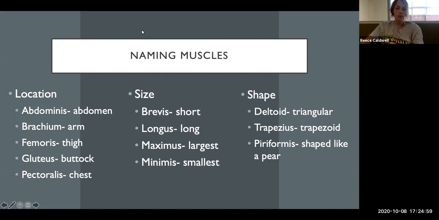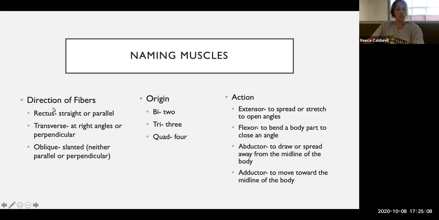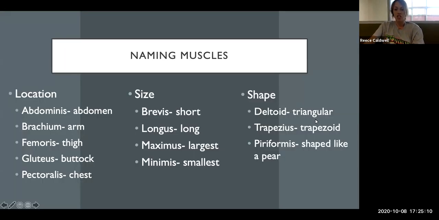But just for reference, whenever you hear the name of muscles, a lot of them are named based off their location, their size, their shape, the direction of fibers, their origin, and their action. The ones that are named off their location are pretty obvious. Anything in the abdomen would be the abdominis, like we'll look at in a little bit.